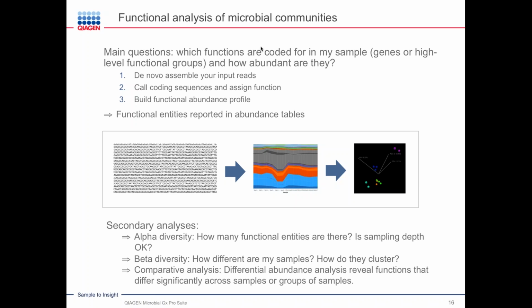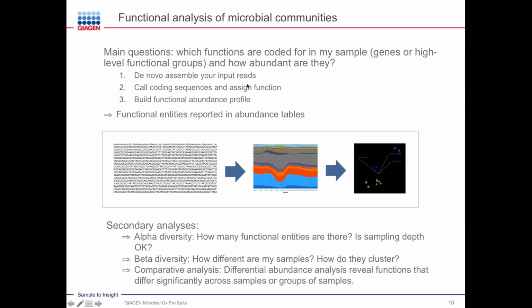So not just amplicon sequencing, but whole metagenome sequencing. We're looking at specific genes or high-level functional groups, and how abundant are these functions, and can we tell samples apart based on these abundances?